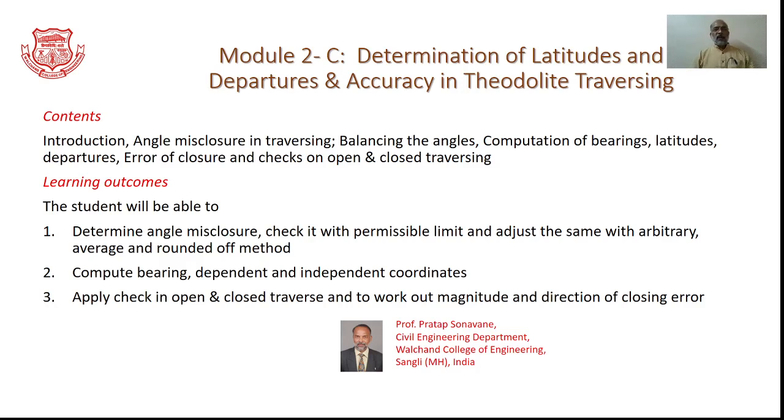You will also be able to compute the bearings, and by making use of the reduced bearings, you will be able to determine dependent as well as independent coordinates for that particular traverse. You will be able to apply the checks in open and closed traverse and also to work out magnitude and direction of closing error.